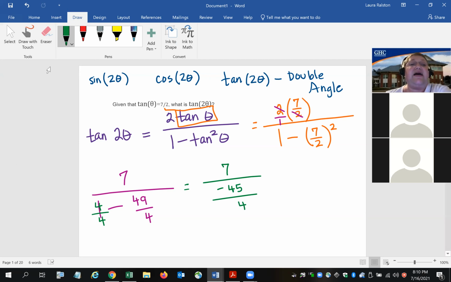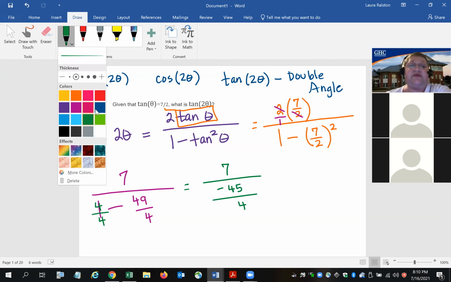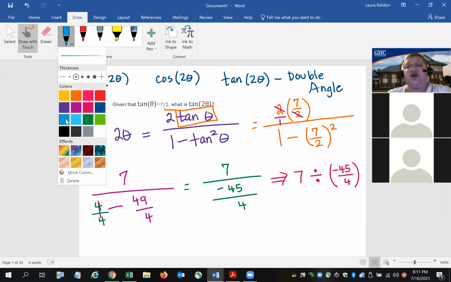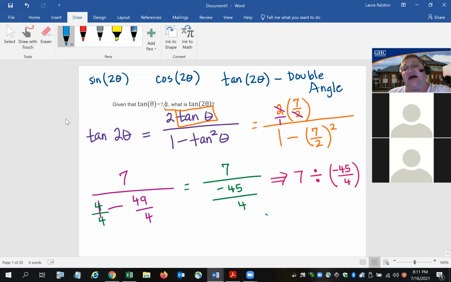You now have a division problem. Okay, this becomes 7 divided by negative 45 over 4. And if you remember your rules for dividing fractions, you're going to flip and multiply. So I have 7 times negative 4 over 45.